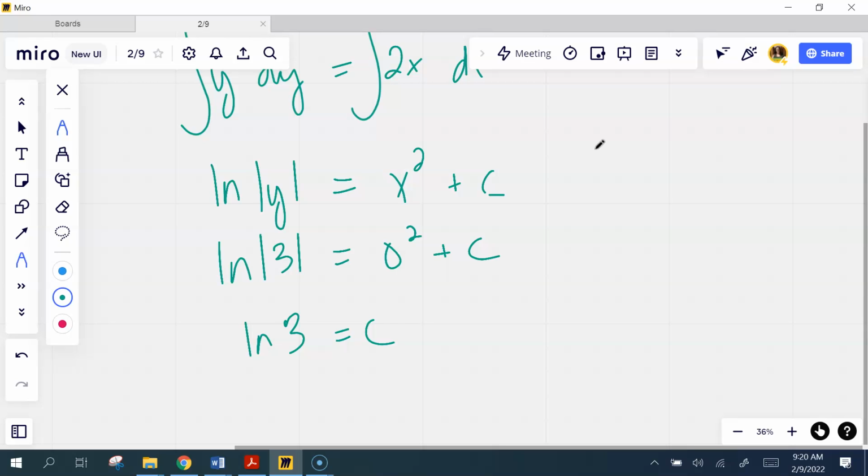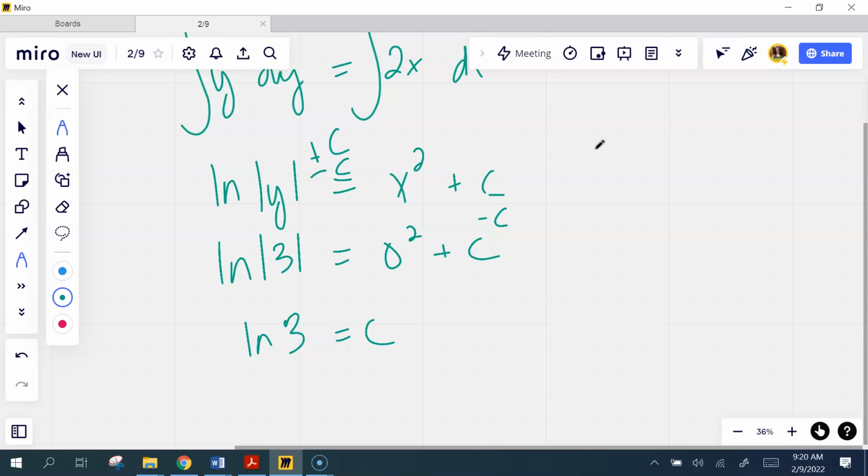This might be a dumb question, but why is there only one C? Well, you only need one constant on there because depending on what the constant is, if you put it here, technically they're different constants, right? And you don't want to do this and have them cancel out altogether.